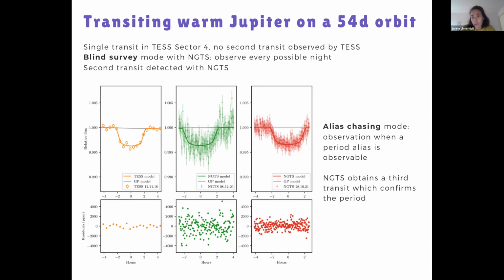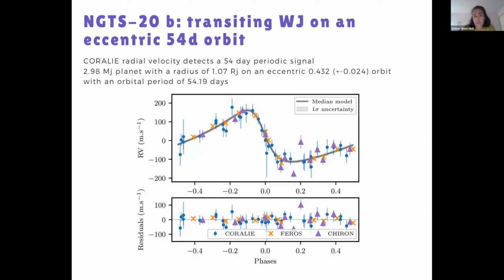And we recovered a third transit, solving the orbital period of that candidate at 54 days. I also acquired radial velocities with the CORALIE spectrograph and collaborators at Pharos and Chiron RVs. And we were able to measure the mass of the planet at 3 Jupiter masses on a quite eccentric orbit of 0.4.